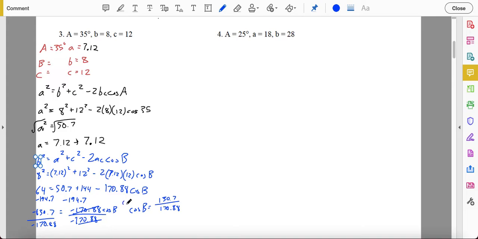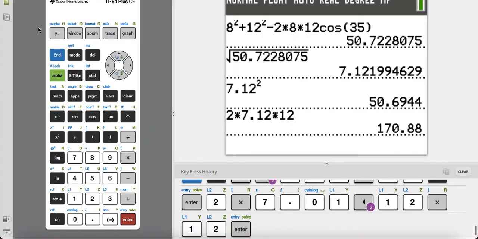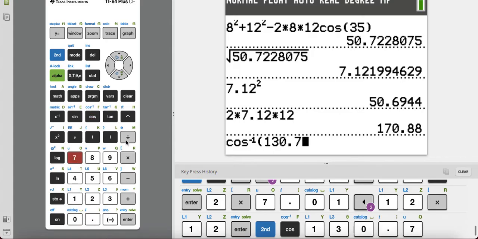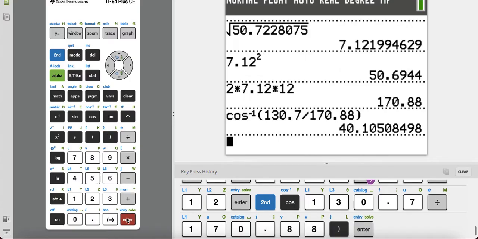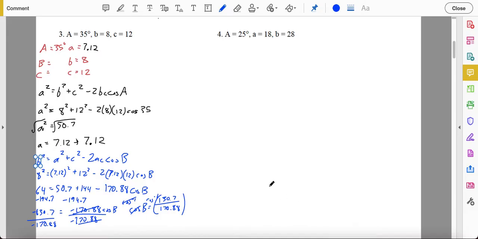Then we take the inverse cosine of that to solve for B. Let's put that in the calculator: second cosine for inverse cosine, 130.7 divided by 170.88. We get 40.1 degrees. So B equals 40.1 degrees.